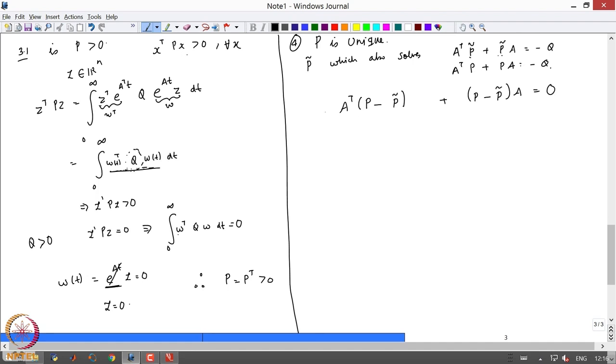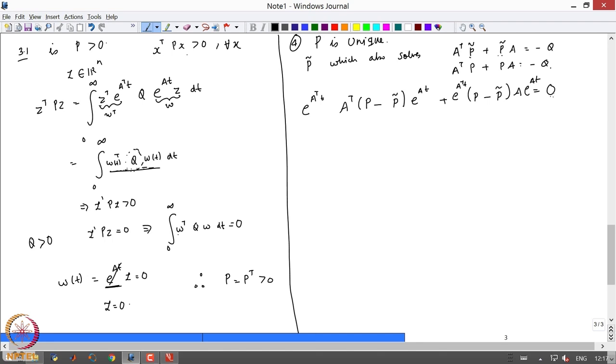Okay, so let me do a little trick here. I multiply this on the left by e power A transpose t, and on the right by e power A t. This will still be 0, the right hand side will not change.